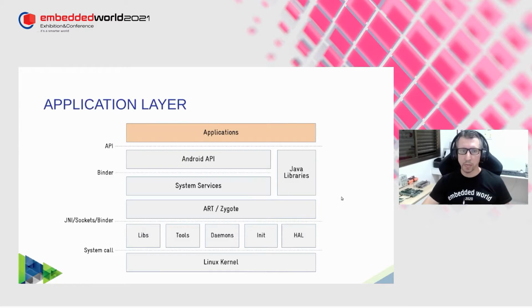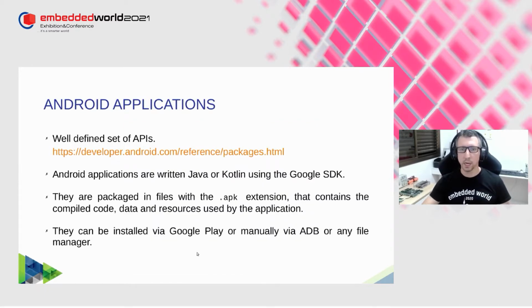In the end, we have also the application layer, and basically the application is what we see in the end, right? And that's one of the advantages of using Android. We have a very nice and cool API with very nice tools to use. So in the past, it was just a Java-based API. Now we can also write applications in Kotlin. And the applications are packaged in a file called APK.